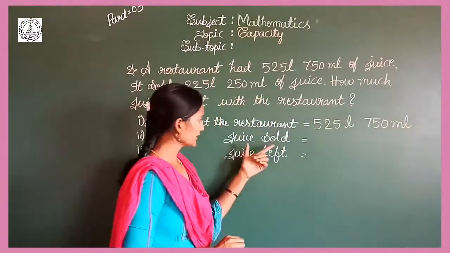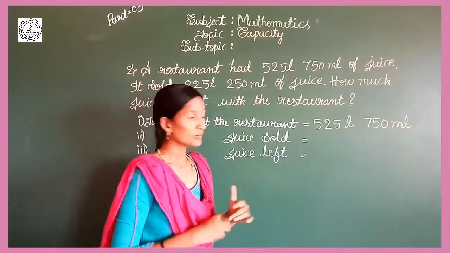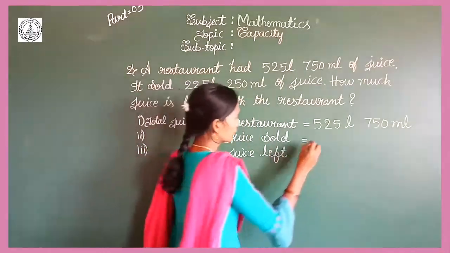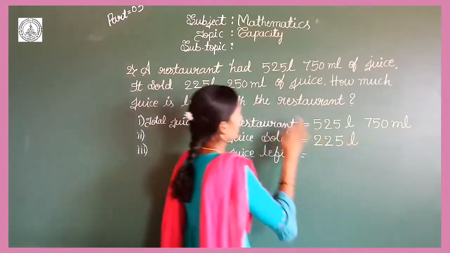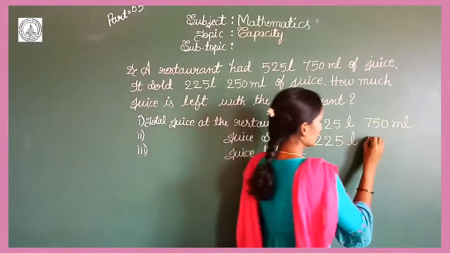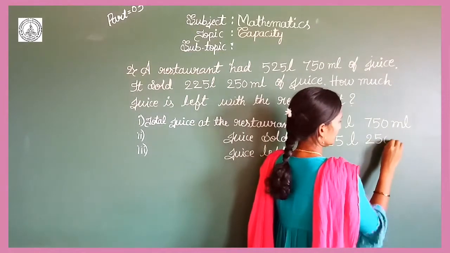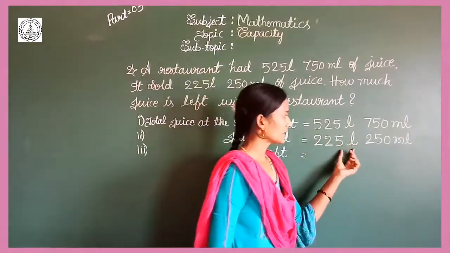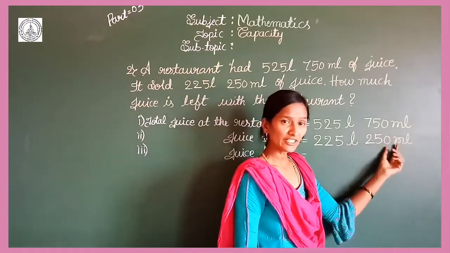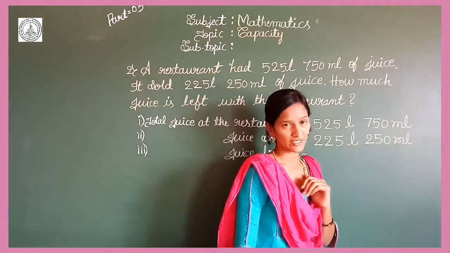Okay. The second one is juice sold. How much? See here, 225 liter and 250 milliliter. See, like that you have to write down. See, in between liter and milliliter you should leave space.